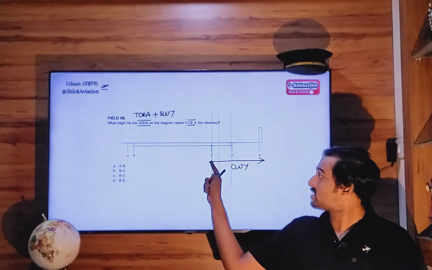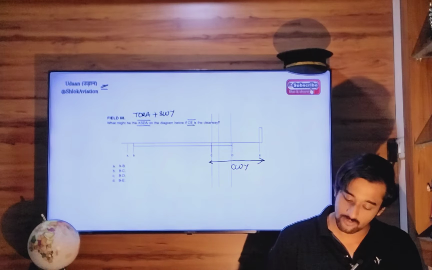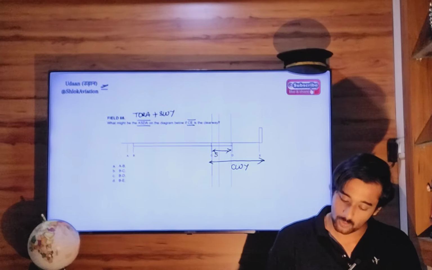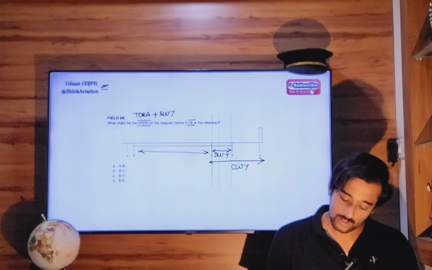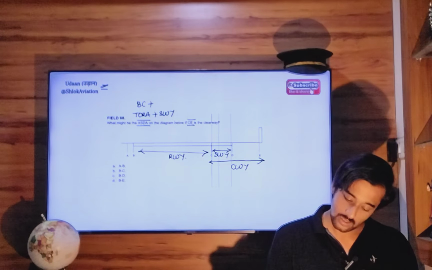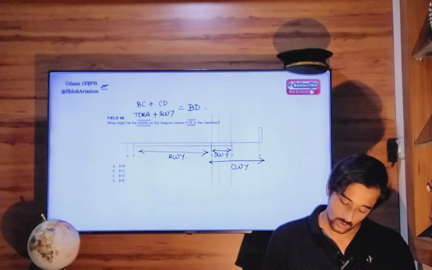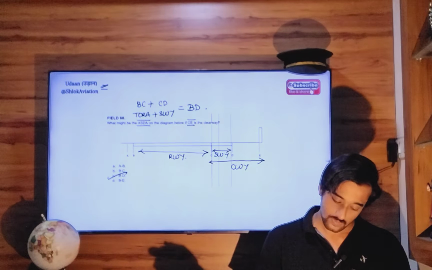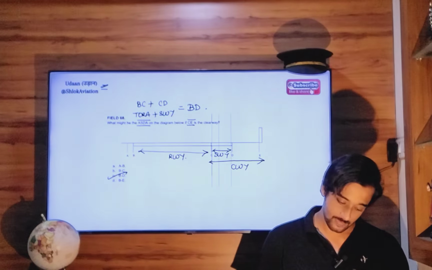So if CE is your clearway, CD will be your stopway, and BC will be your runway. So final answer BC plus CD, which is equal to BD. Option Charlie, Bravo Delta.